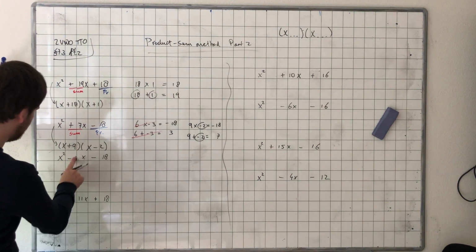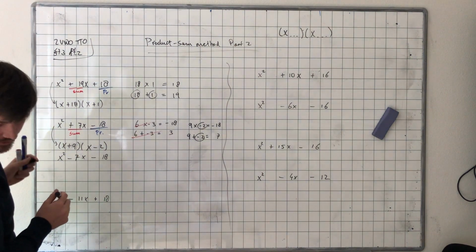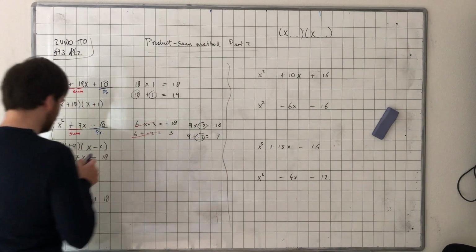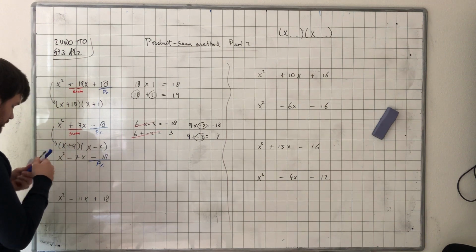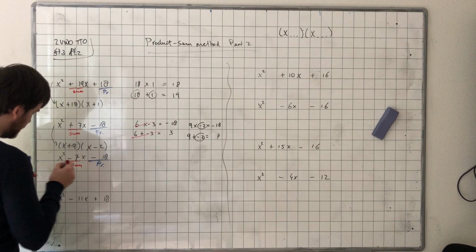No, this should have actually been minus 7. Stupid me. Anyway, this is the product, this is the sum. So now we're even seeing two negative numbers.